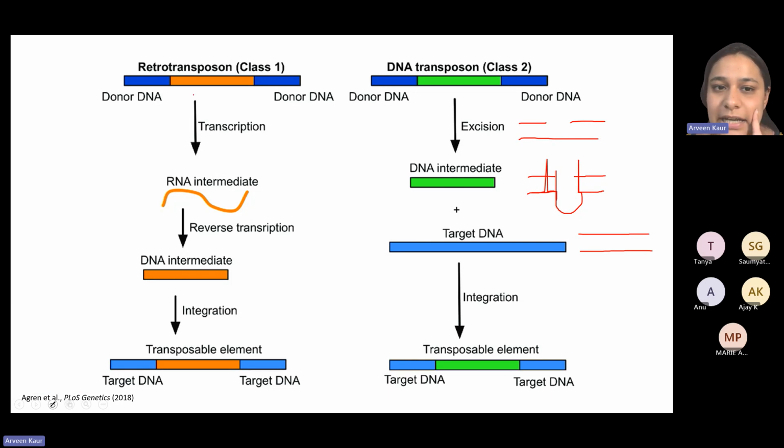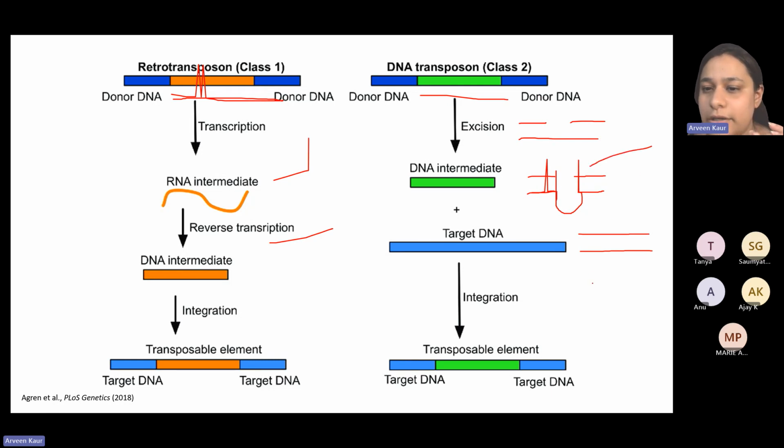One is that the original copy in the first class is retained at the site, while the original copy in class 2 transposons is lost at the site it was originating from, right? Second, there is the use of both RNA polymerase and reverse transcriptase in the first case, whereas there is no utilization of any polymerase or transcriptase in the second one.